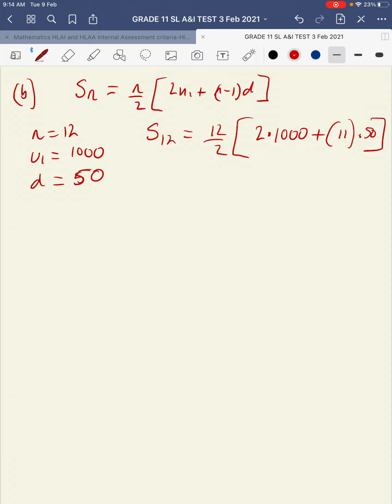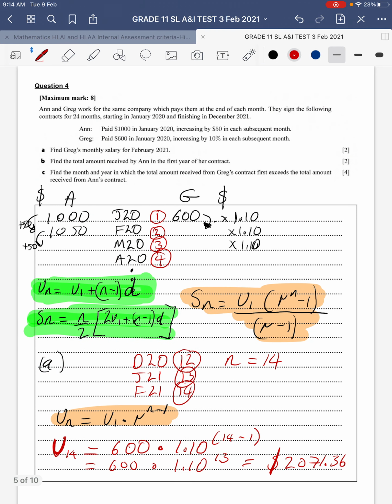Okay, so that's 15,300. So I've got the total salary that she receives is 15,300.